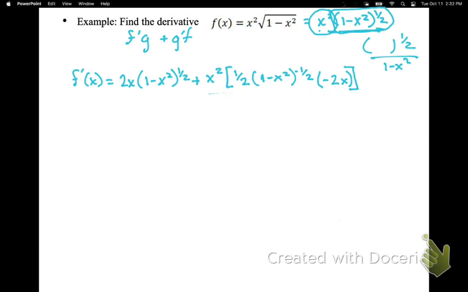So is there anything I can simplify out of that second quantity? Because I have 1/2 and I have 2, yes?